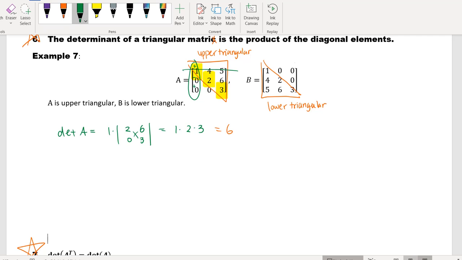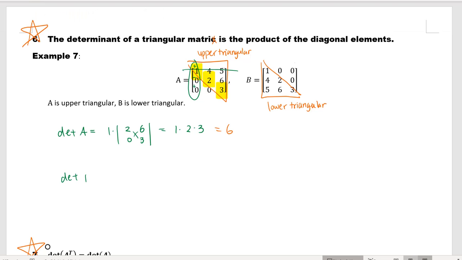How about the determinant of B? Here we should use the first row cofactor expansion, right? So we have 1 times the determinant of the submatrix 2, 0, 6, 3. And now when you compute the determinant, you realize it's 1 times 2 times 3 because 6 times 0 is 0.